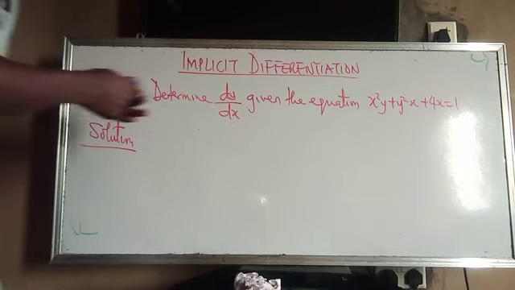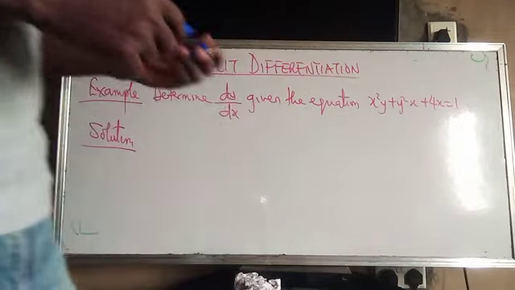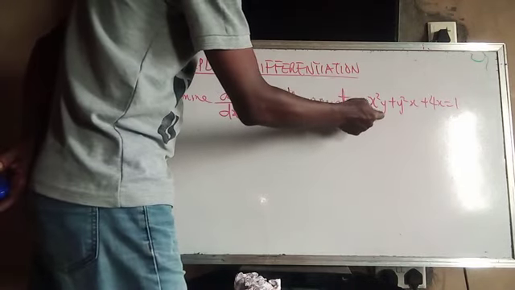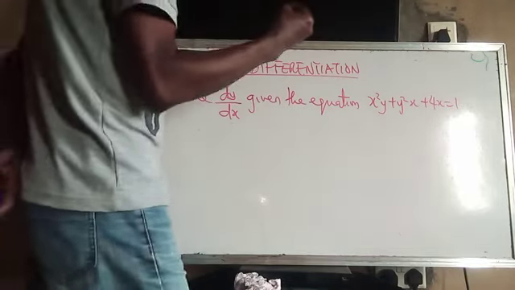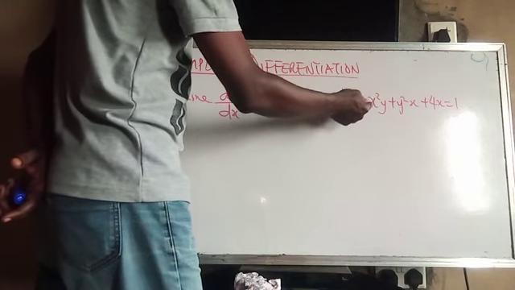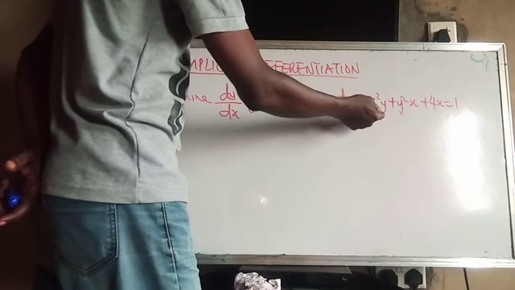Now we have x squared y plus y squared x plus 4x equals 1. Take notes. x squared y is a product function. It contains the algebraic square of x, and it has a single linear form of y.